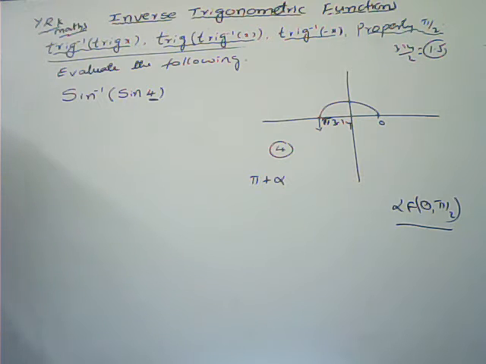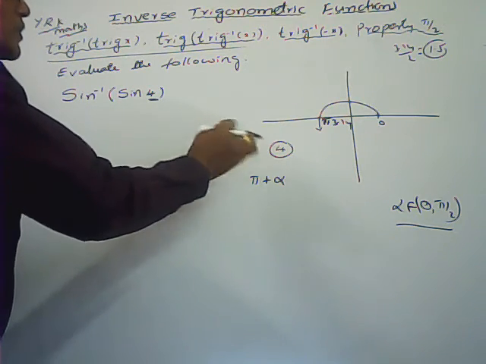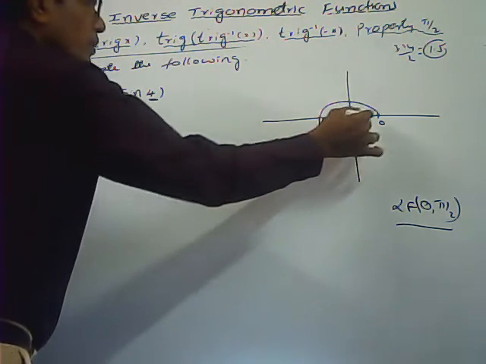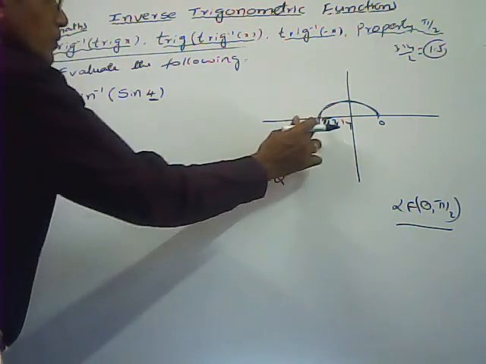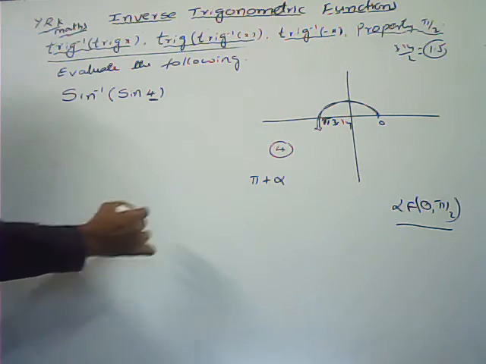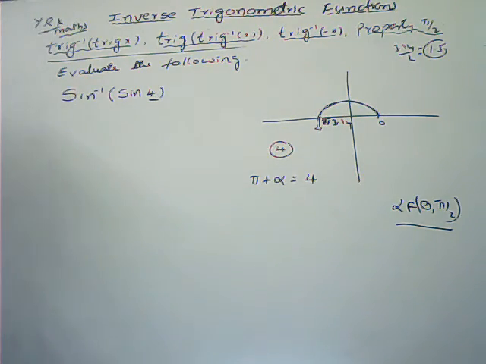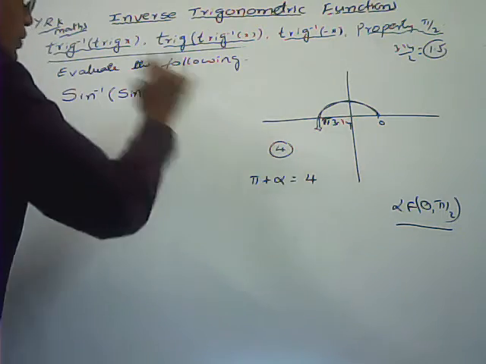This is very important. First we have to recognize whatever the given radian, which quadrant it belongs to. Here 4 belongs to the third quadrant. In the third quadrant, one revolution is not yet completed. Pi plus alpha we are getting 4 radians. Here alpha belongs to 0 to pi by 2. By adding some acute angle, then only we are getting the 4 radians.